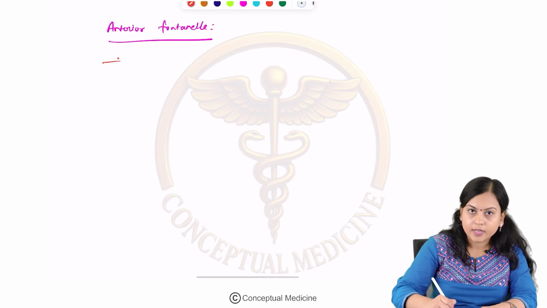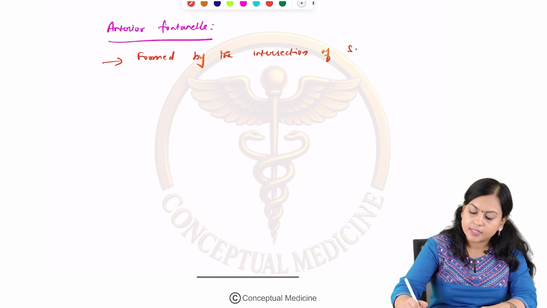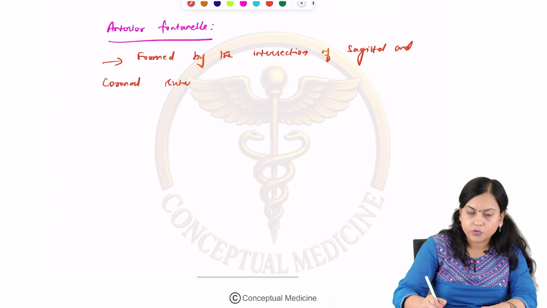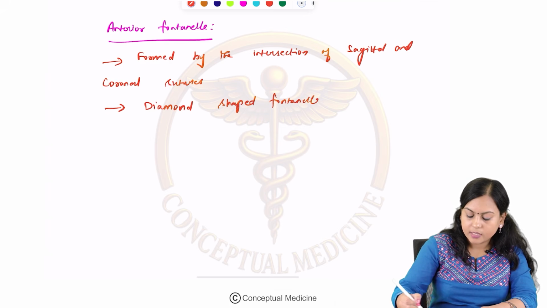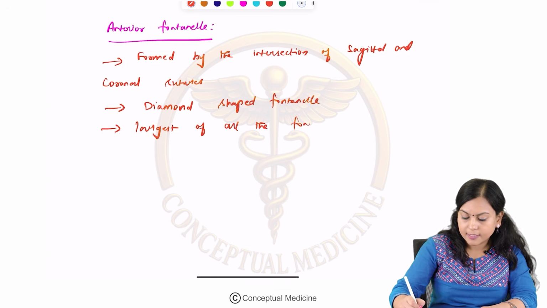If we take the anterior fontanelle, this is formed by the intersection of sagittal and coronal sutures. This is a diamond shaped fontanelle and it is the largest of all the fontanelles.